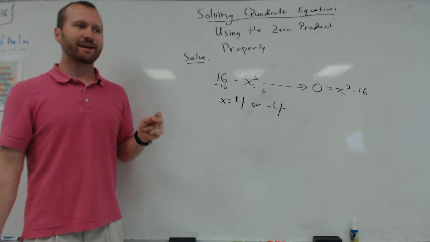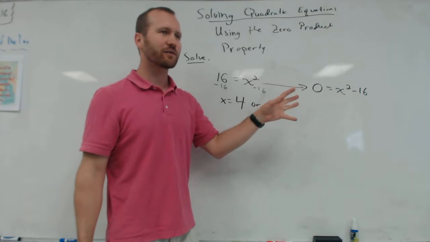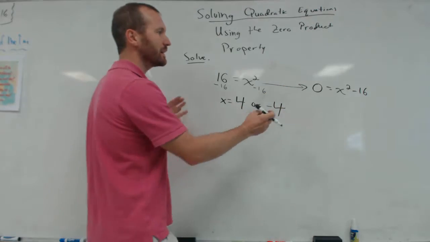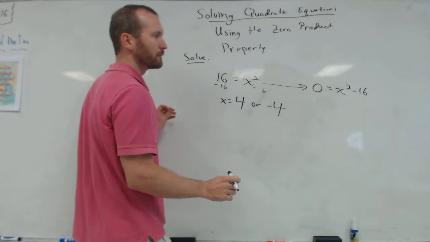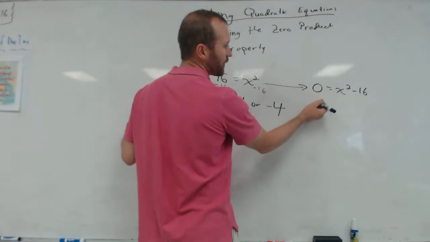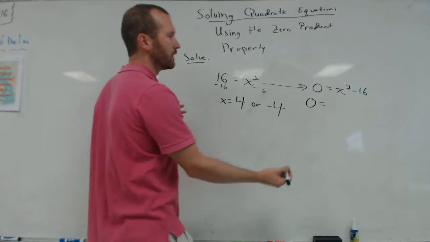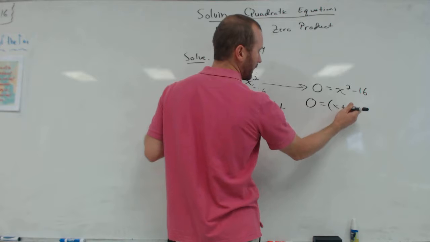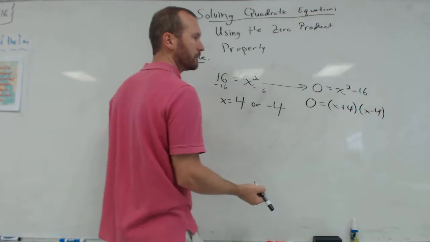And there's some really cool stuff here. The reason they call this a difference of squares is because it is literally the difference, subtracting these 2 squares. And so if we were to solve this with the zero product property, we'd have 0 equals x plus 4 or x minus 4.